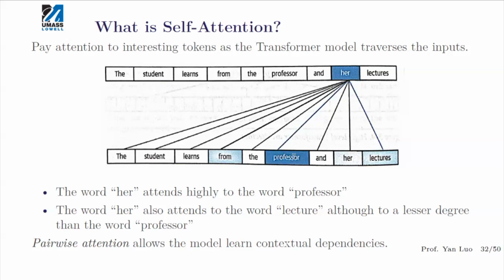We highlight professor and her here because her lectures is in fact the professor's lectures. So in that sense, this token is highly relevant to professor. They refer to the same concept, the same object.